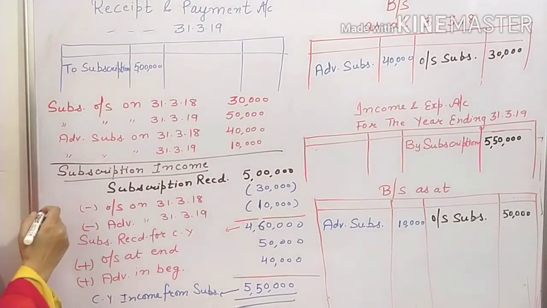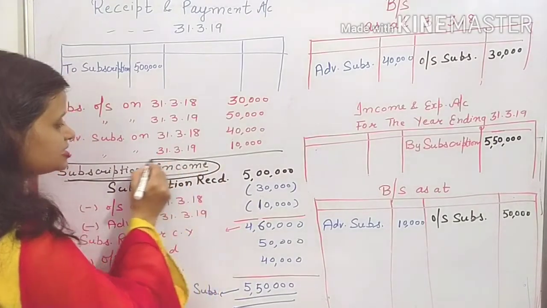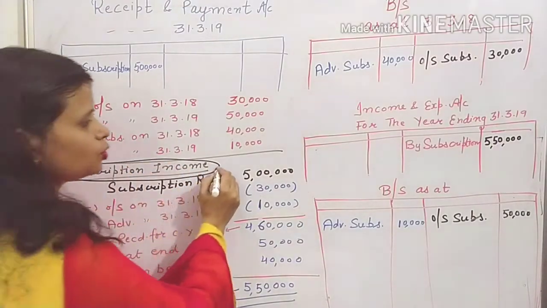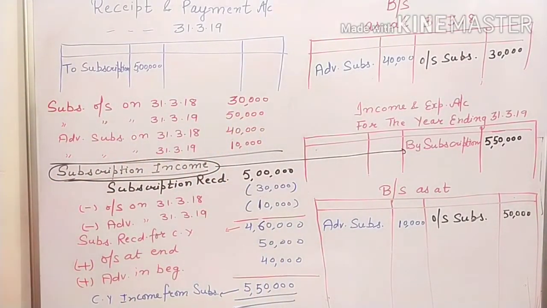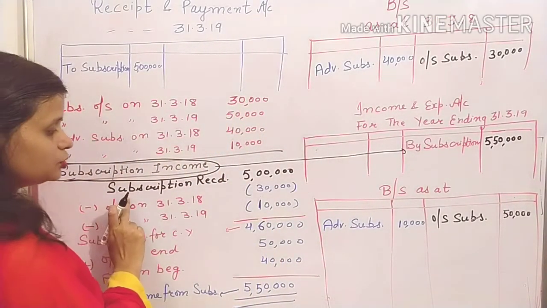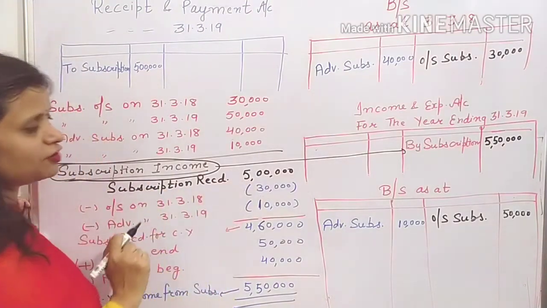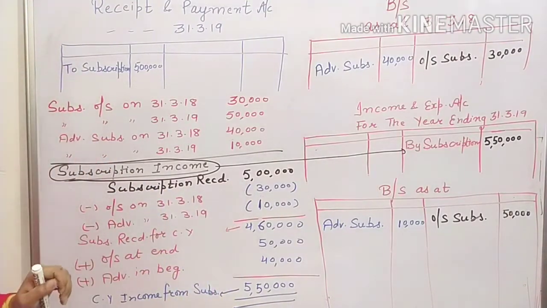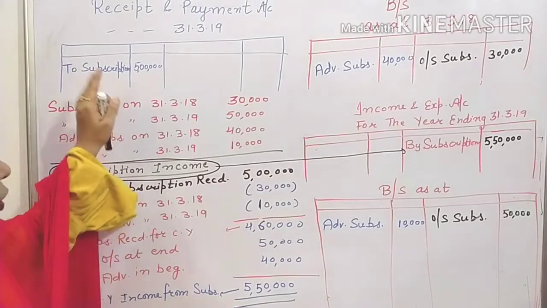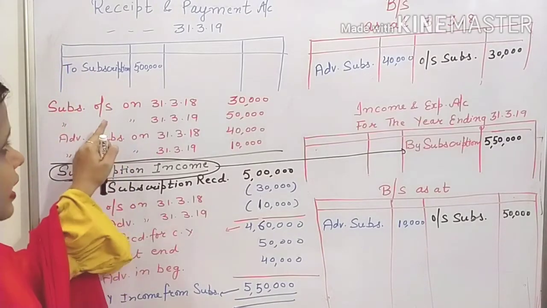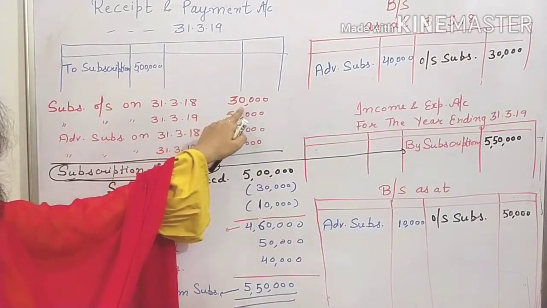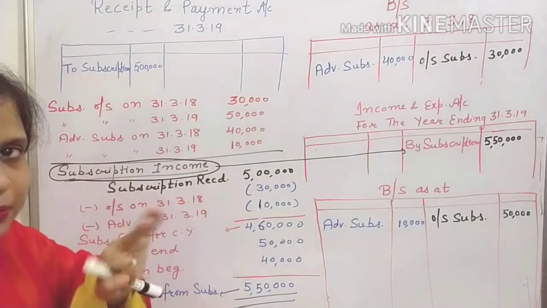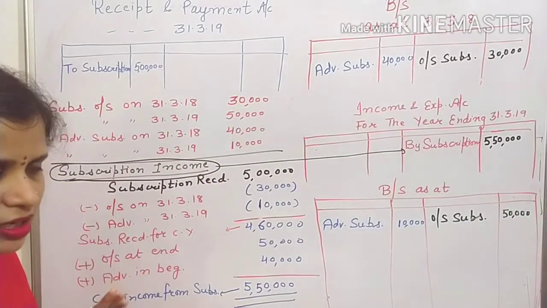Now first we will calculate the subscription income to be shown in the income and expenditure account. You have received total subscription of 5 lakh. But what is the general assumption? If no other information is there, then out of this 5 lakh, the 30,000 which is outstanding in the beginning will be received during the year.